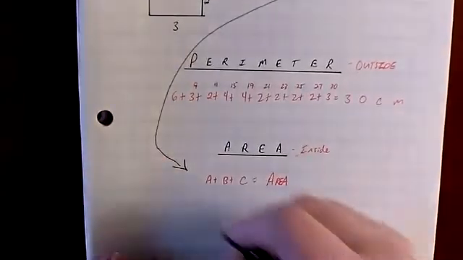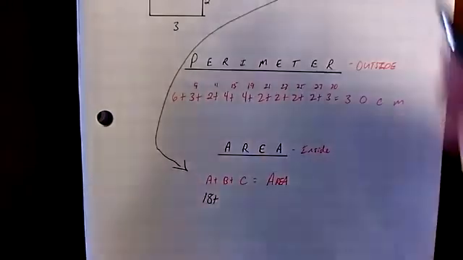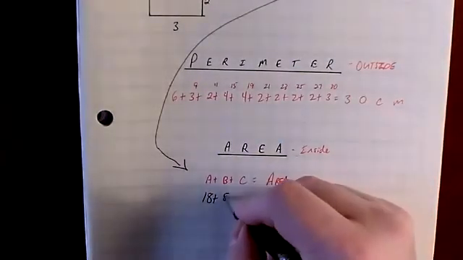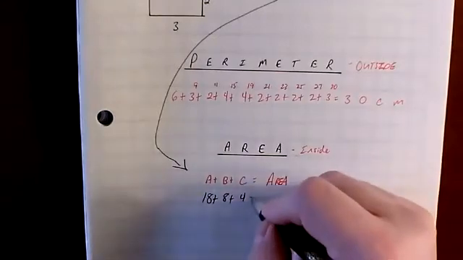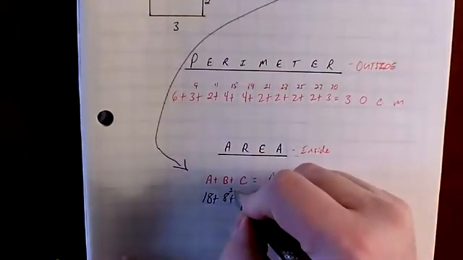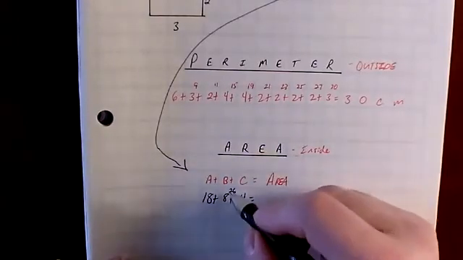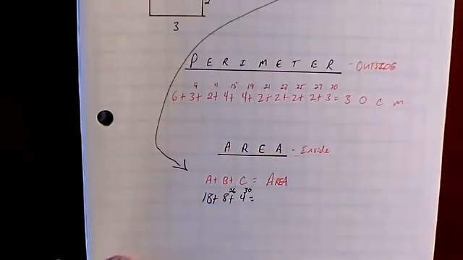So A, we said, was 18. B, we said, was 8. C, we said, was 4. So if we take those and add them all together, 18 plus 8 is 26, and then 26 plus 4 is 30.